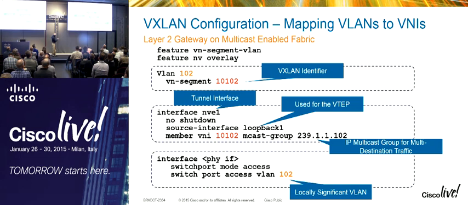I create a VNI member of 10102 relative to this virtual tunnel interface, and I associate what my multicast address is for it. And then, for that bare metal server, or a server that was not using VXLAN, what do I do? I just say VLAN 102, and I connect the server to that port, or the storage to that port, and guess what? It just works. So now I become that L2 gateway between that VTEP on that hypervisor and the other physical server inside the environment.